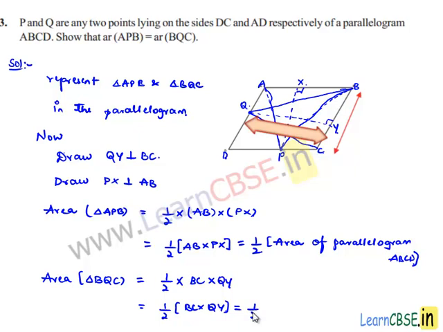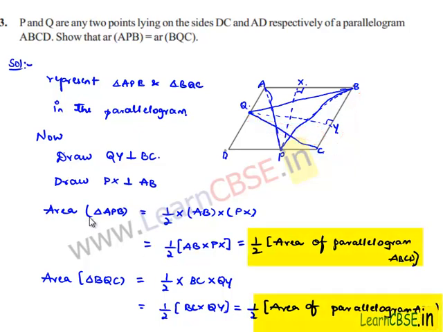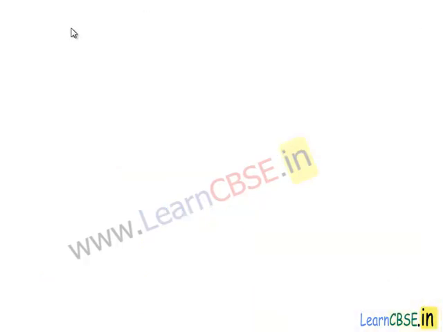Therefore the product of base into corresponding height is given as area of that parallelogram. Here the area of triangle APB and area of triangle BQC is equal to half times area of parallelogram ABCD. Therefore finally we can say that area of triangle APB is equal to area of triangle BQC. This is what our proof required.